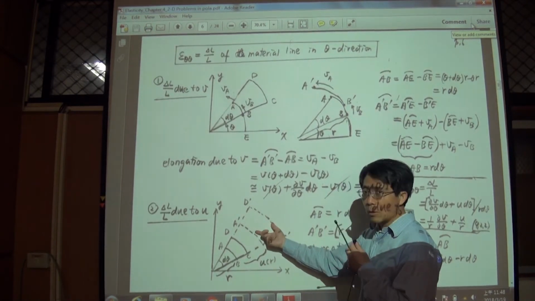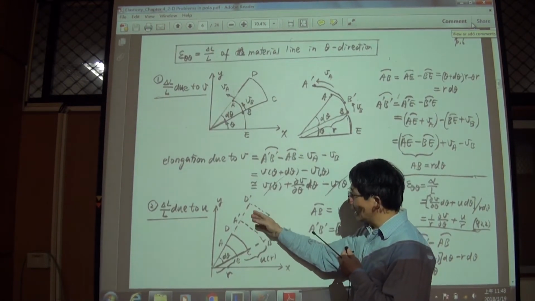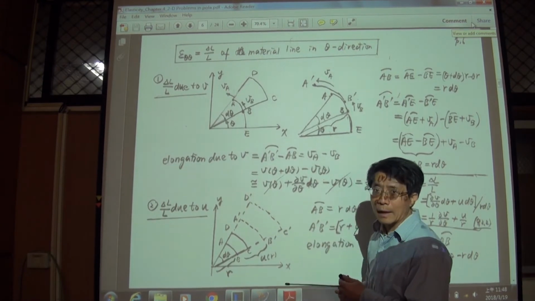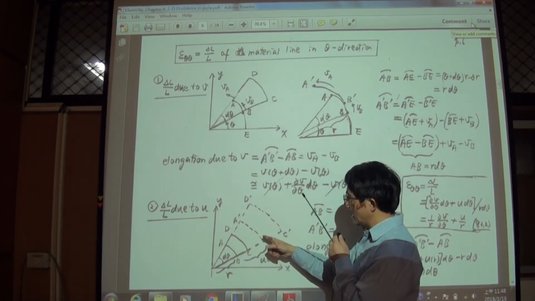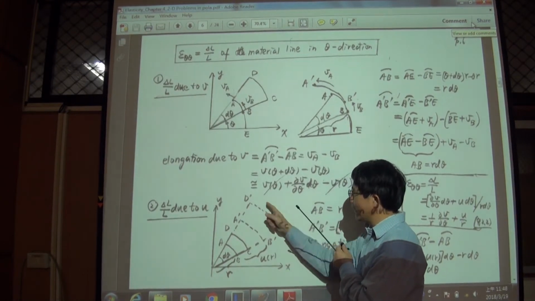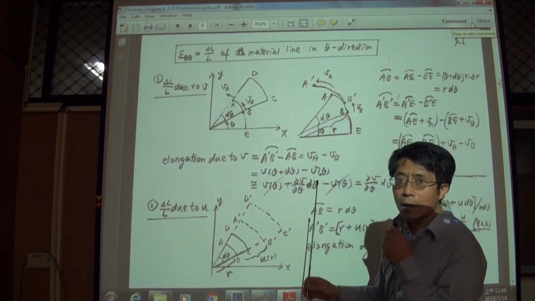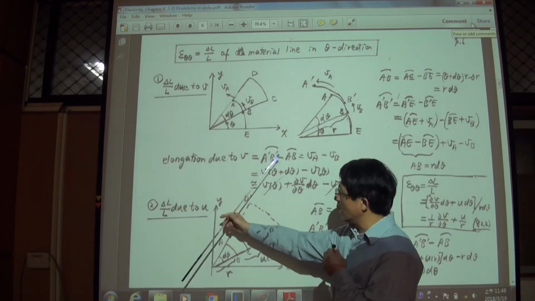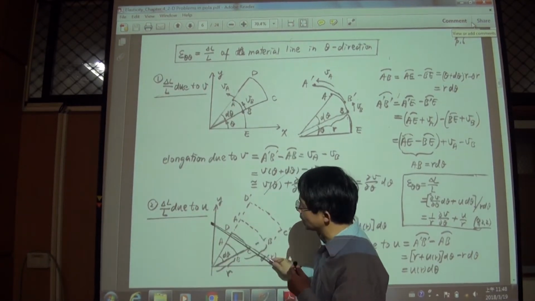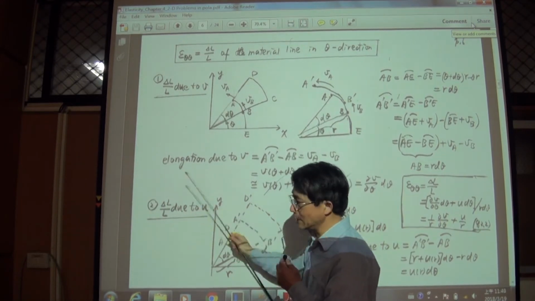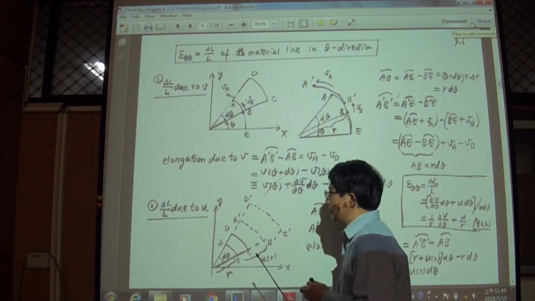It moves outward, so it changes its position. So A, B, C, D will go to A', B', C', D'. This is the motion due to the displacement in the R direction, not in the theta direction.